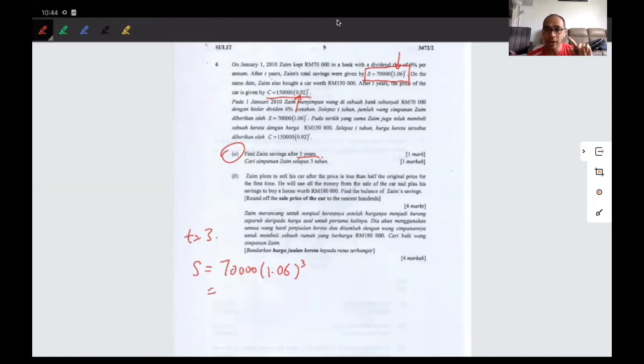Sometimes students that are too smart lah. Actually I noticed this trend among students that are too smart. Macam dia orang terlampau bijak, they stop here. On January 1, with a dividend of 6% per annum, geometric progression. Start counting 70,000, increase 6%, increase 6%. Sorry, sometimes being too smart also is not very good lah. The more important skill is the skill on how to read and understand.